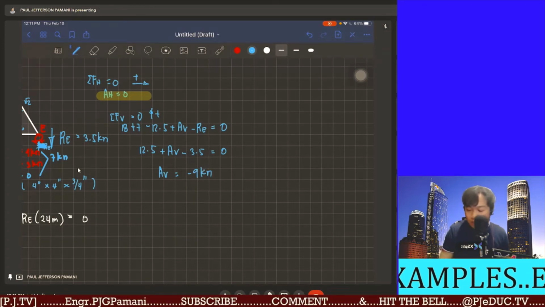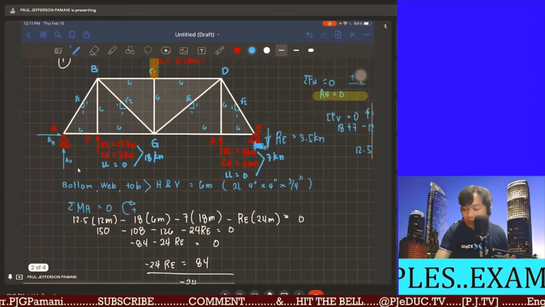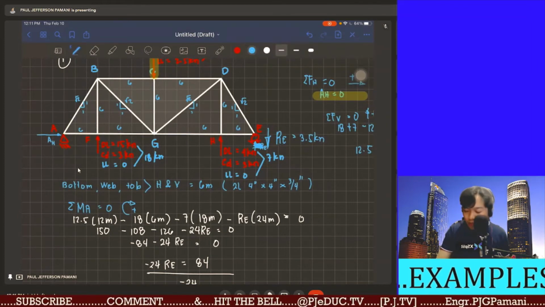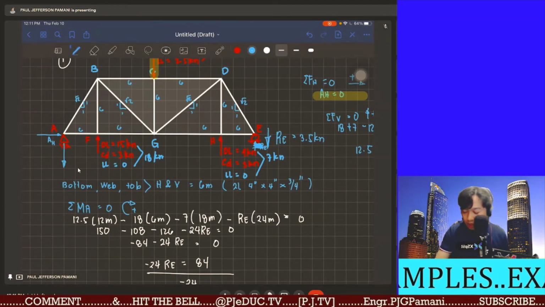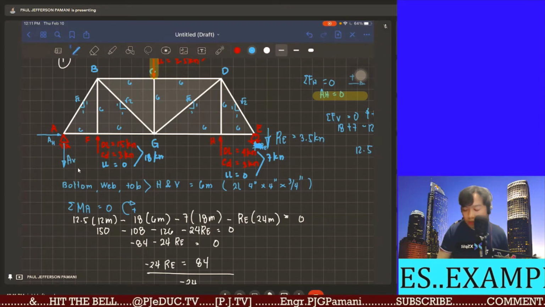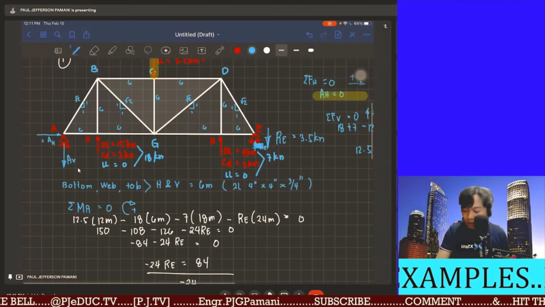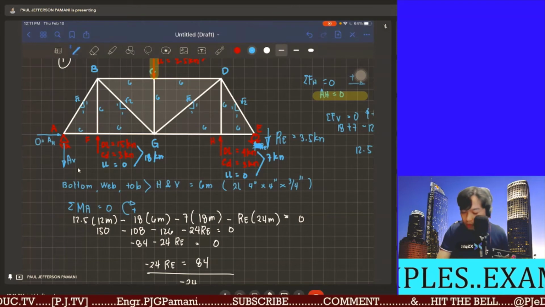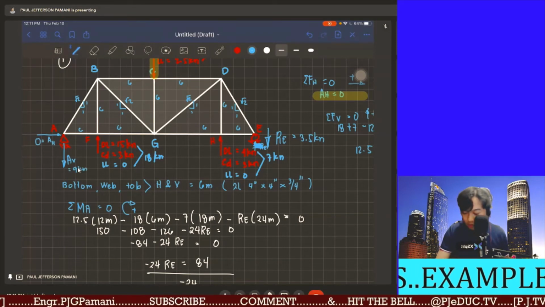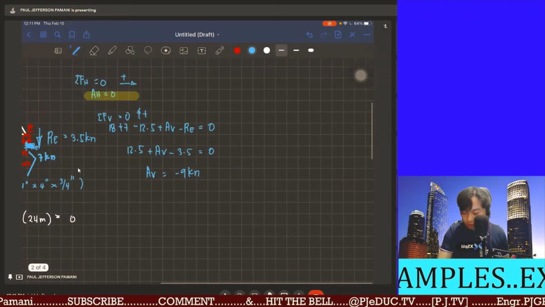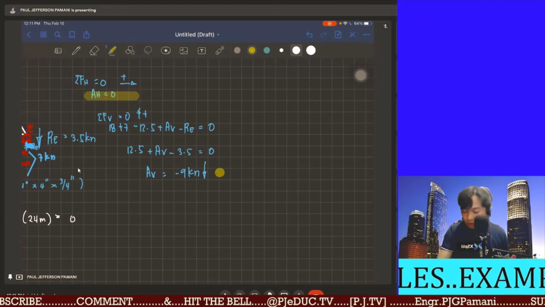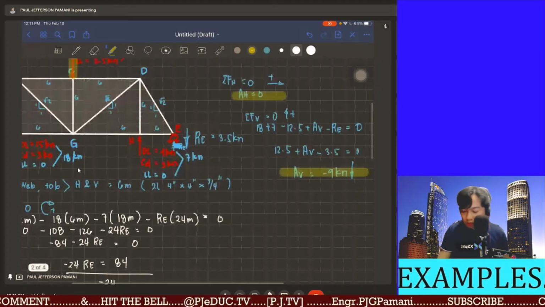Therefore, AV or vertical reaction at the hinge support should be downward. AV, downward, 9 kilonewton. Okay.